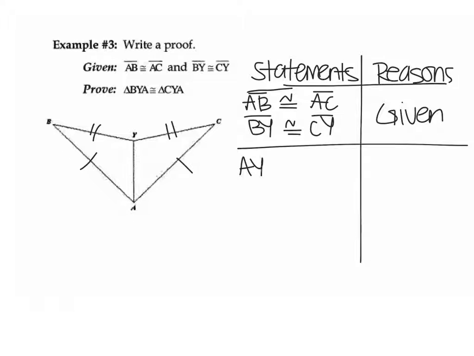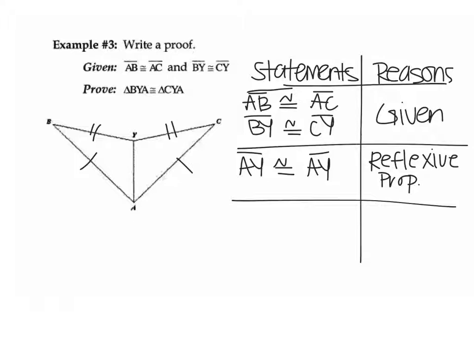So I can say that AY is congruent to AY by the reflexive property. And I now have all three corresponding sides of the two triangles congruent, which means triangle BYA is congruent to triangle CYA by side, side, side.